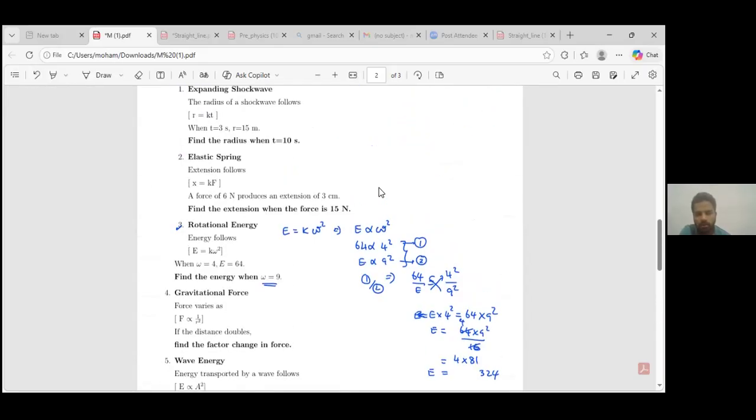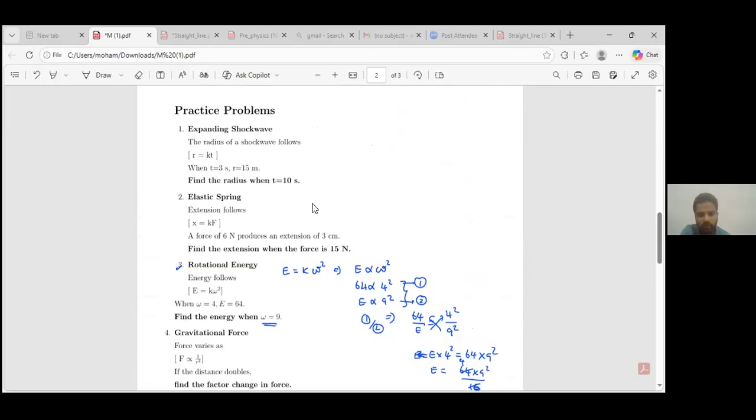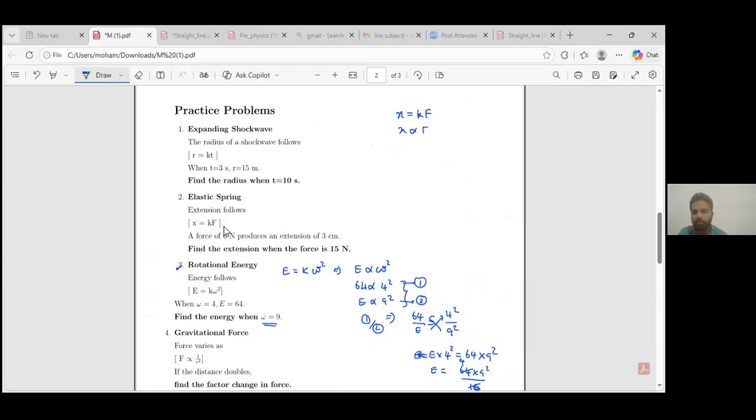Let me just go through one of the given ones itself. They have said extension follows this relationship, x equals kf. So x is proportional to f, and they have said a force of 6 Newton produces an extension of 3. Find the extension when the force is 15. This type of question is what I was trying to say.